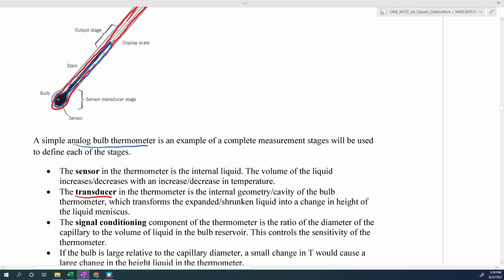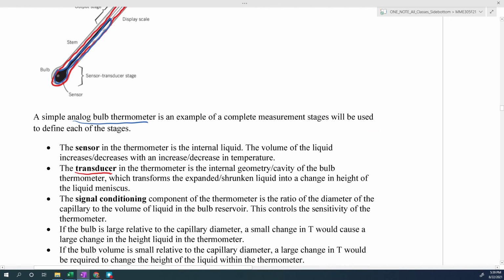Depending on how you change it, the cavity of the thermometer actually controls the sensitivity of the thermometer. Depending on the size of the bulb relative to the diameter of the cavity that goes up the thermometer, it changes how sensitive it is to changes in temperature.